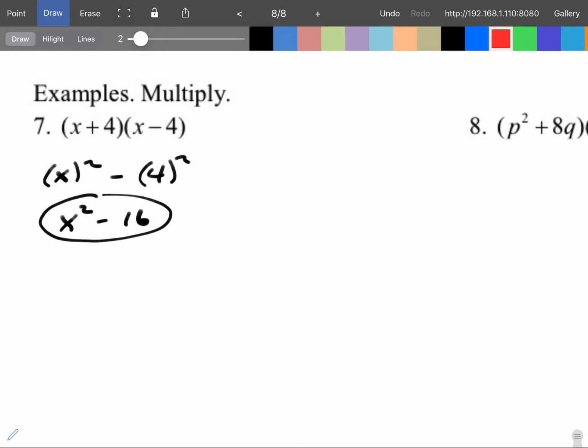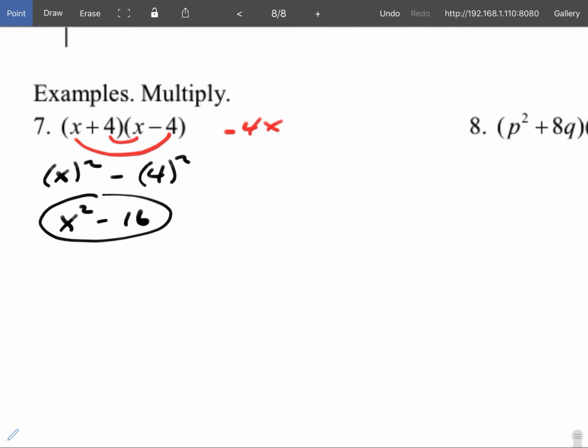The middle term would come from, you would have done these two multiplied together and these two multiplied together. Well, if you multiply that x times that negative 4, that would have gave you a negative 4x, right?